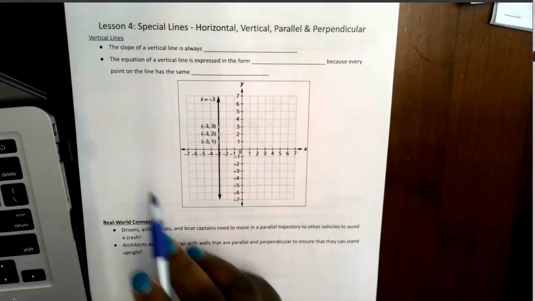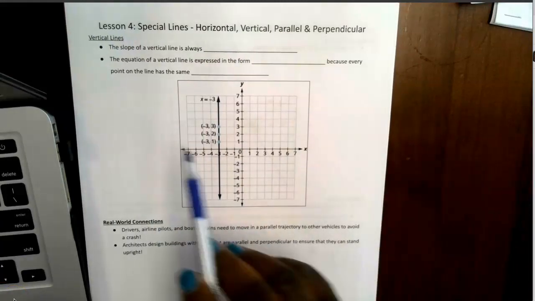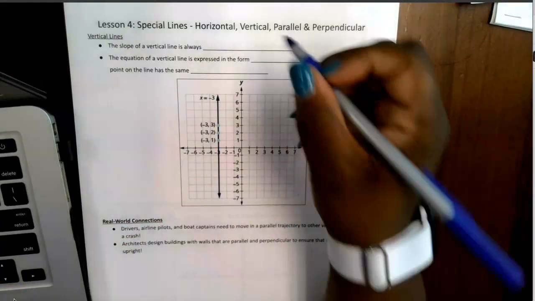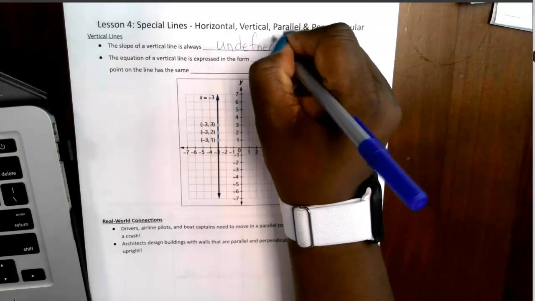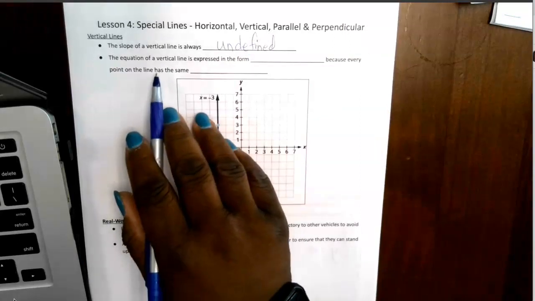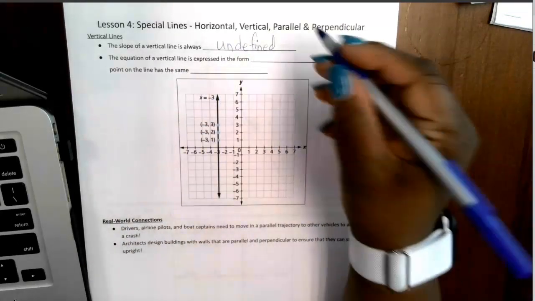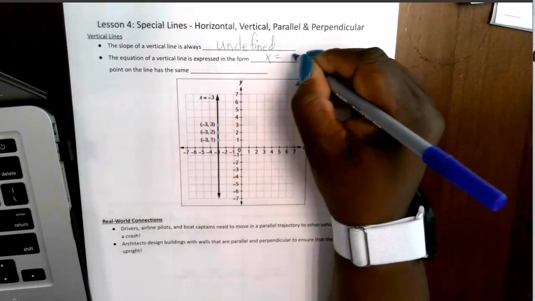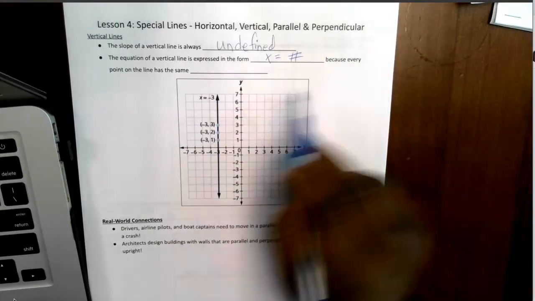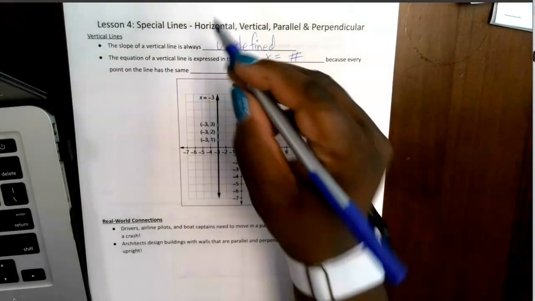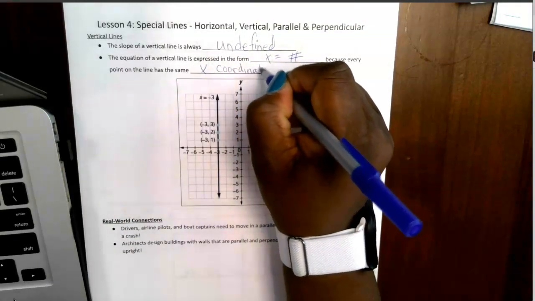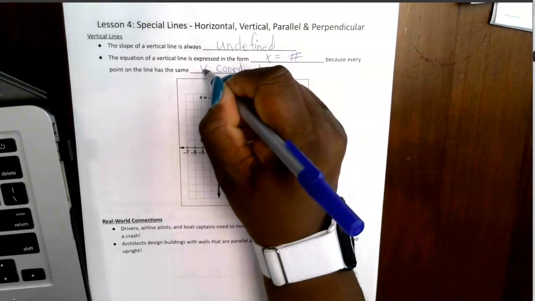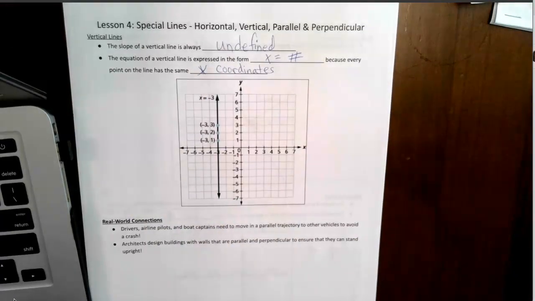Now we're going to talk about vertical lines. The slope of a vertical line is always undefined. The equation of a vertical line is expressed in the form of x equals a number, because every point on the line has the same x coordinates. We have a saying for this.